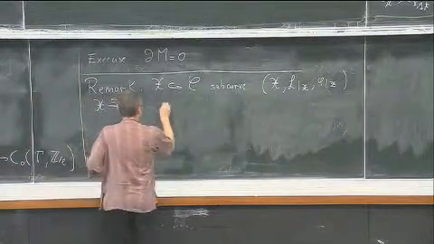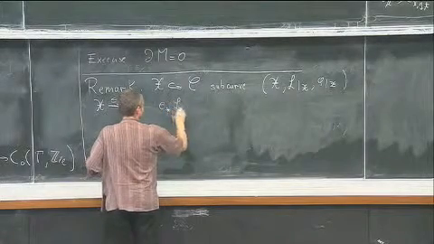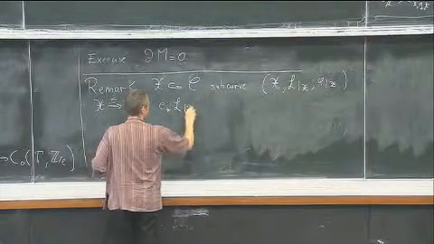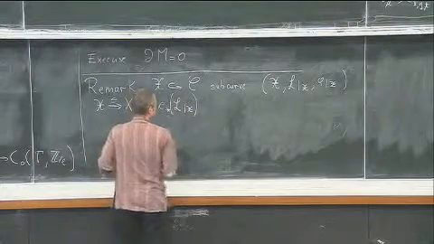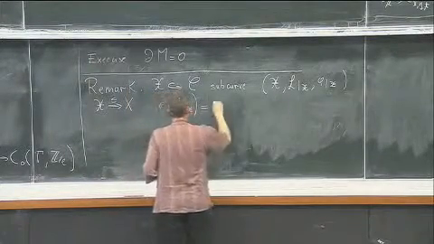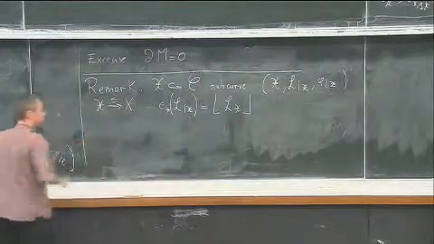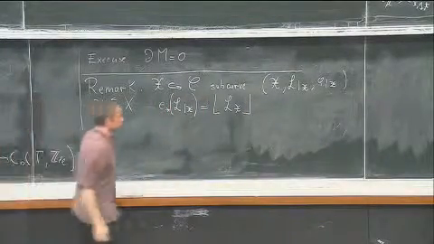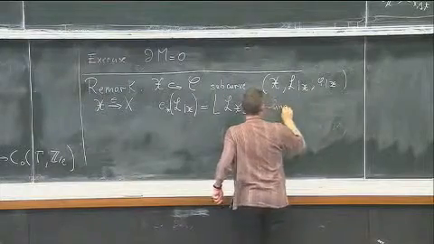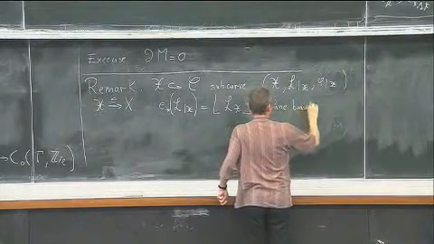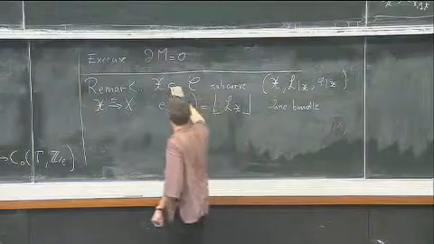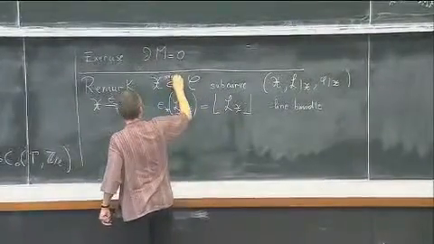And now I can consider the push forward of this, which I will denote like so. And I want to know what it is. It's a line bundle to begin with. You know, this is a smooth subcurve.